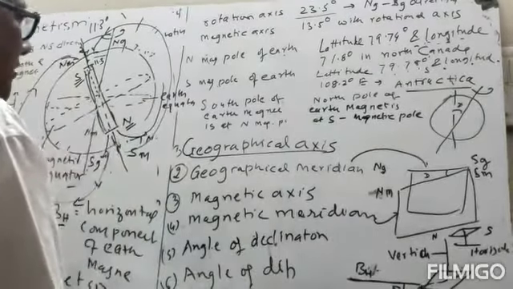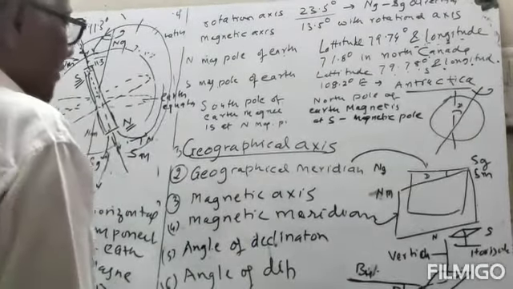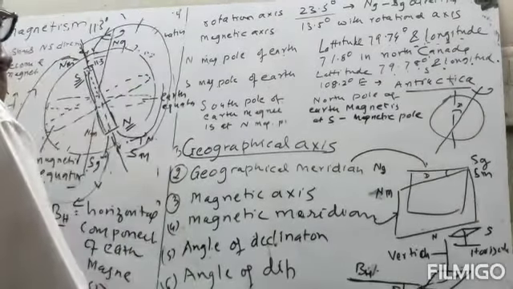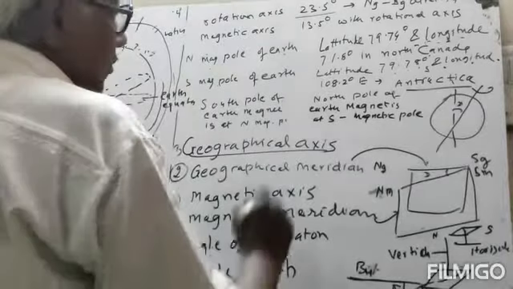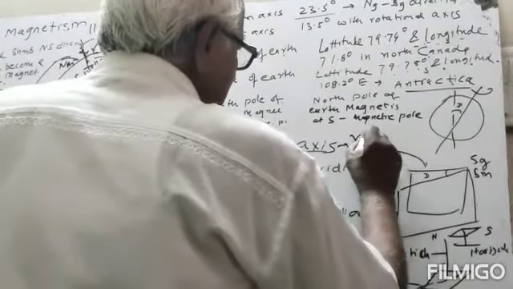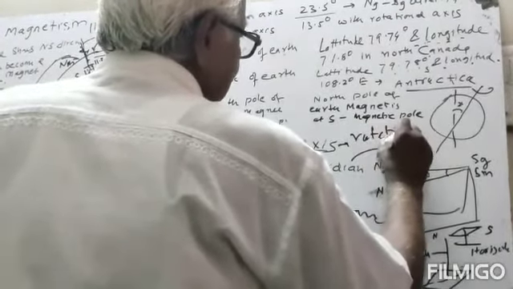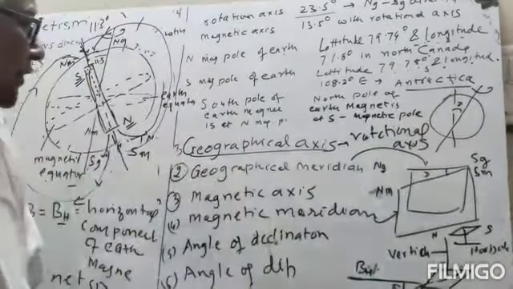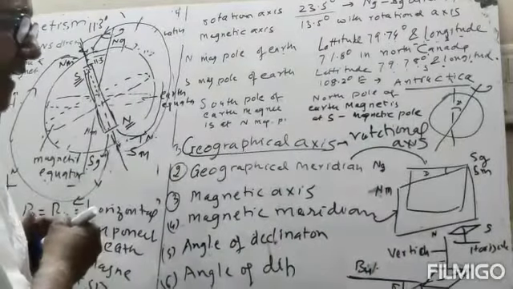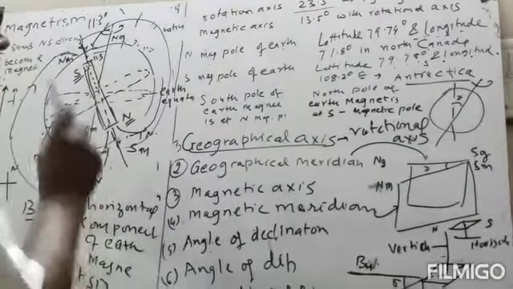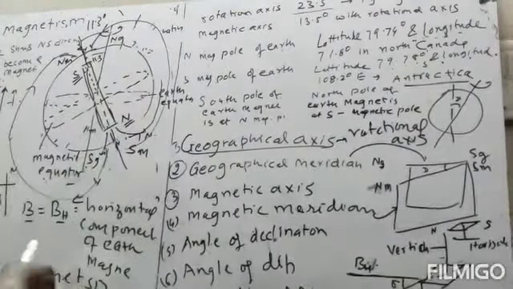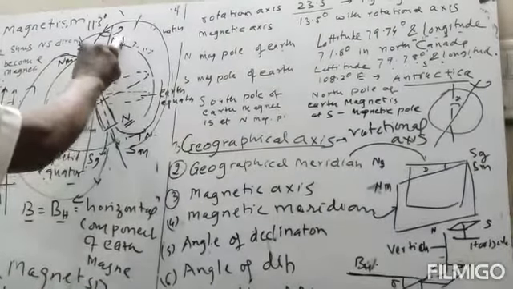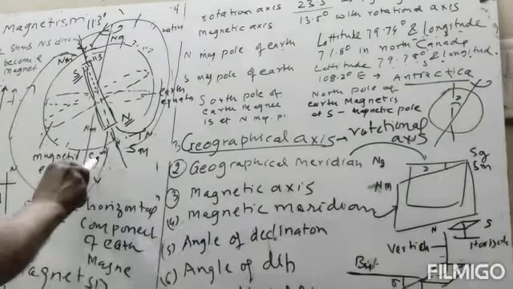Now we will do some definitions. What is the geographical axis, also known as the rotational axis? The geographical axis is the line joining the north geographic pole to the south geographic pole.